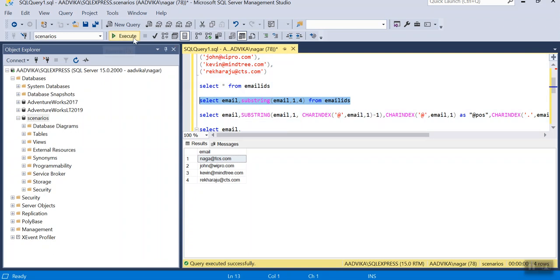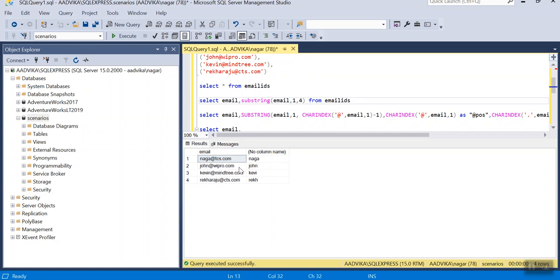If I execute this, see what I have told in substring: the column from which you extract the data, the starting position, and the third parameter is how many characters you want to extract. From starting position 1, I extract 4 characters.